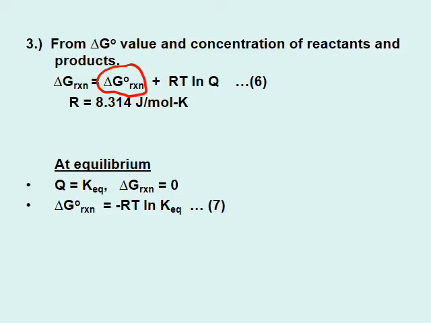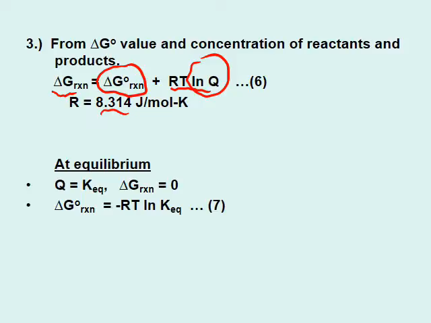In addition to that, you need to add RT log Q. R has the value of 8.314 joules per mole per Kelvin, T is the temperature in Kelvin, and Q is the same Q value we talked about before. Q has product concentrations on the top, raised to the power of their balanced-reaction coefficients, and reactant concentrations on the bottom, raised to the power of their coefficients. That gives you delta G, or the free energy change of a chemical reaction under non-standard situations.